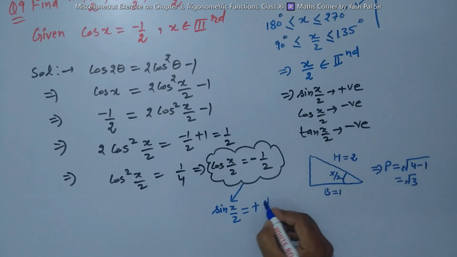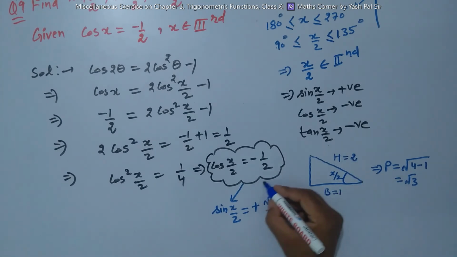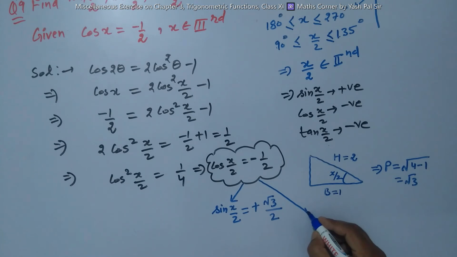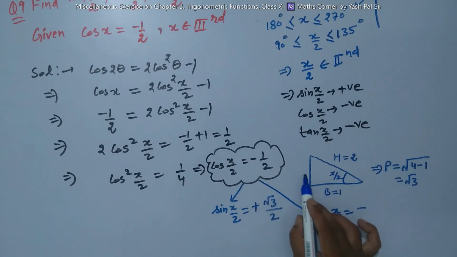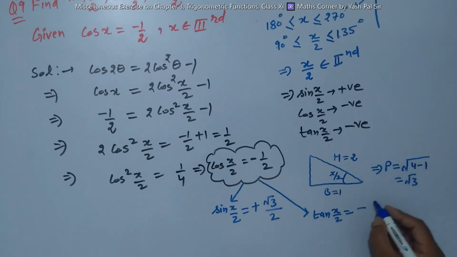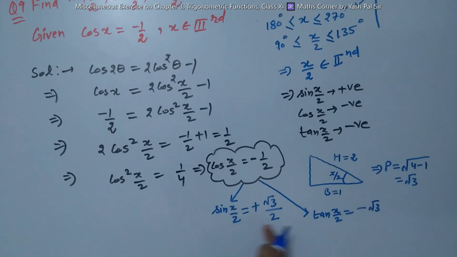P is square root of 3, h is 2. Likewise, we can find the value of tangent of x by 2, which will be negative. What is tangent? Tangent is p upon b. What is p? Square root 3 upon b. B is 1. So this way we have got the answer.